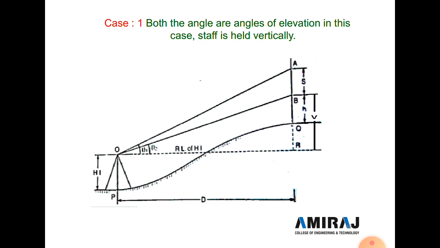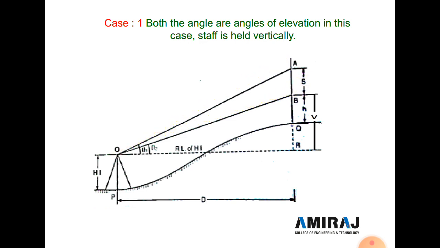Both the angles are angles of elevation in this case, and the staff is held vertical. See, the instrument is set up at point P. D is the horizontal distance from the instrument station to the staff station, and on the ground at point O the staff is held vertically, and two readings A and B are taken.